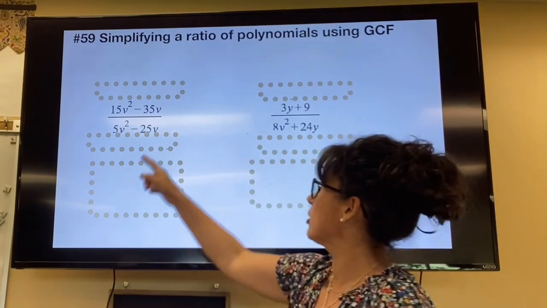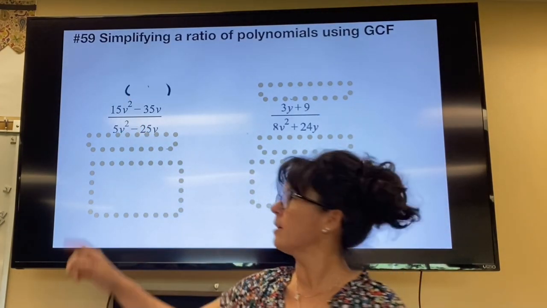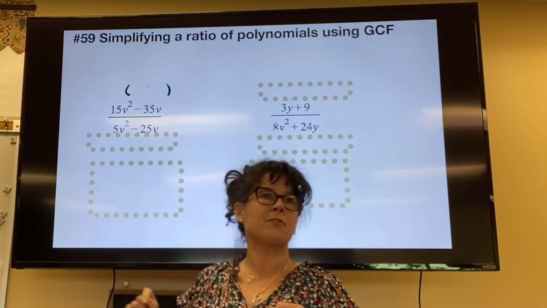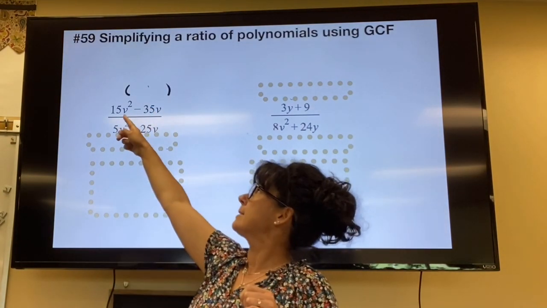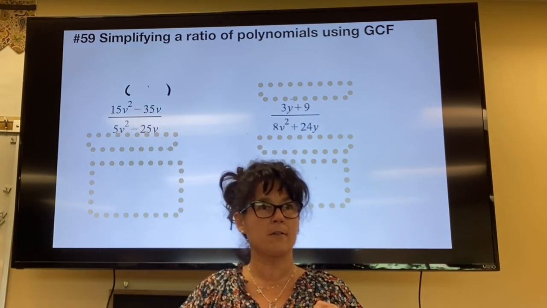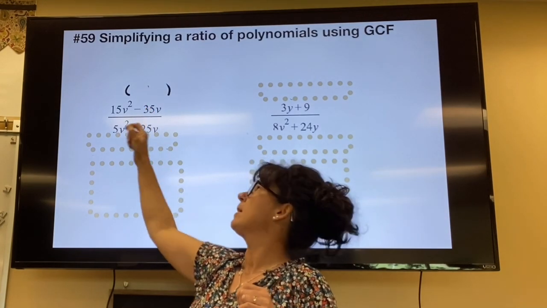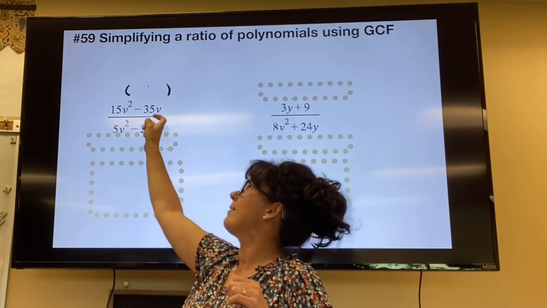To factor the numerator, you're looking to see what's in common before and after the minus. The biggest number that fits into 15 and 35 is 5. So I'm going to be able to take a 5 out of both of those terms. And then this is v times v, and that's v.